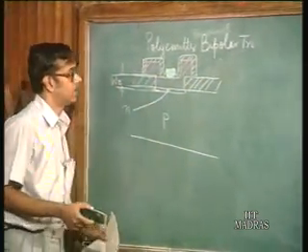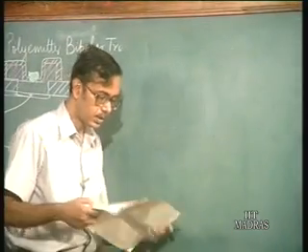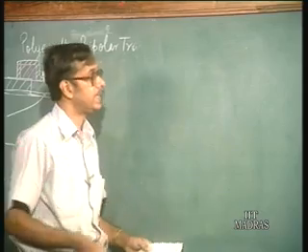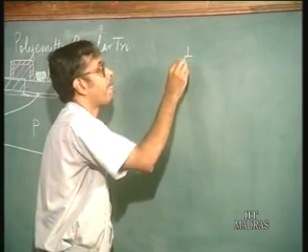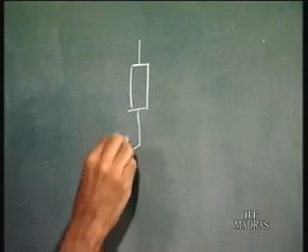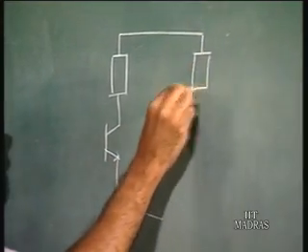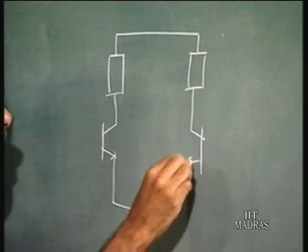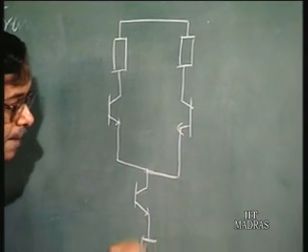Okay. All right. I just leave it here. In an ECL gate, I will just draw the ECL gate once more. You have a current source here, say.